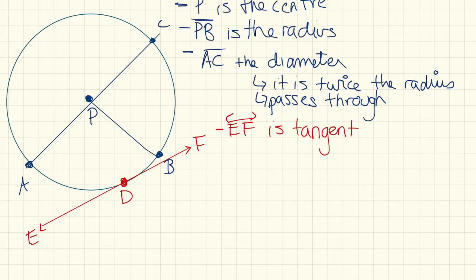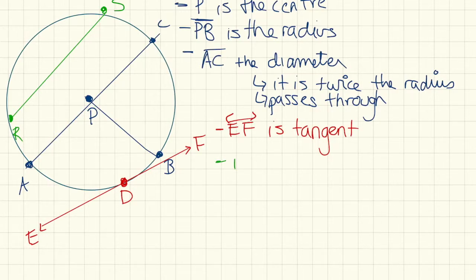Another thing we are going to look at is kind of similar to the diameter. I'm going to draw a straight line here with two points on the ends, and I'm going to call the first point R and this point S. It looks like the diameter, but I hope you notice that it does not pass through the center.